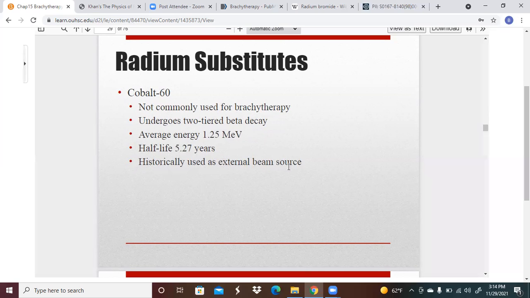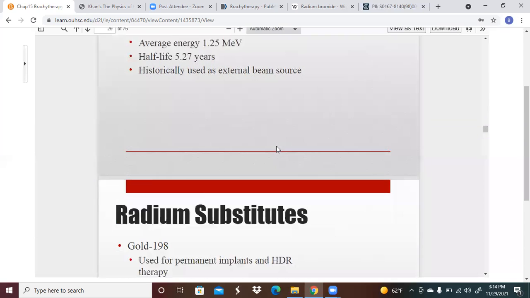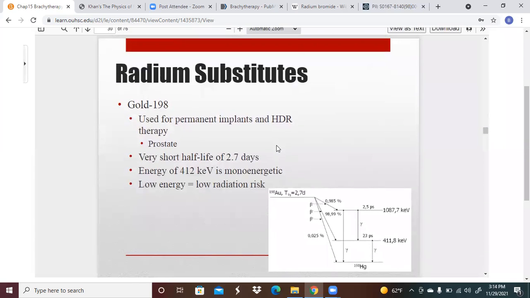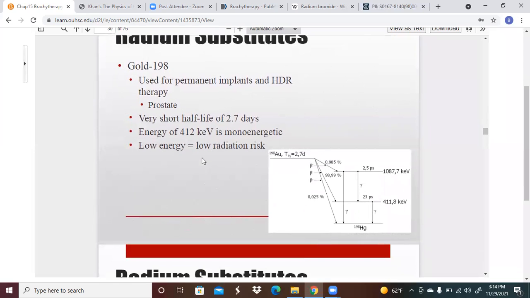Normally this has been used as an external beam source, but has been replaced with more modern linear accelerators that just have more ability to penetrate than what the cobalt does.